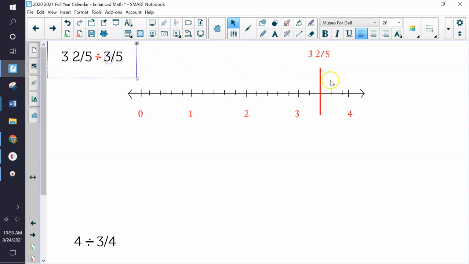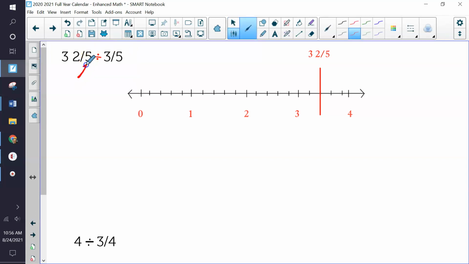And so we have set up here a number line, and you'll notice this red line right here is marking off the 3 2/5. Every whole jump, from 0 to 1, 1 to 2, is split into fifths. So this denominator right here tells us that when we're starting with 3 2/5, every whole group, 2 whole groups, 3 whole groups, those are split into 5 spaces.